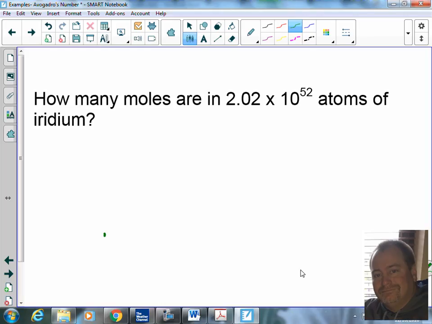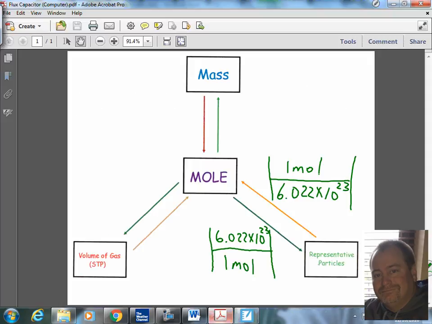So in terms of our flux capacitor, where are we starting at? Given to me as atoms, which is a representative particle, right? So I am starting here. Representative particles, right? Where am I going? I'm trying to find moles, right? So I'm following this yellow arrow right here.